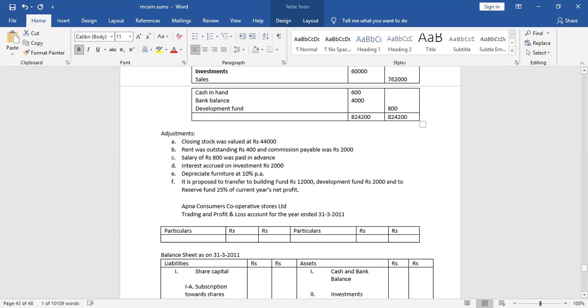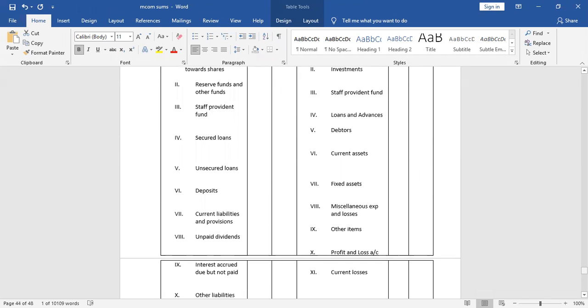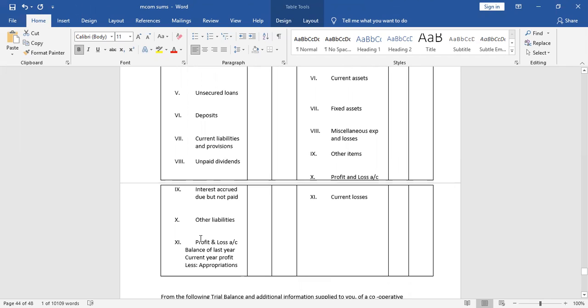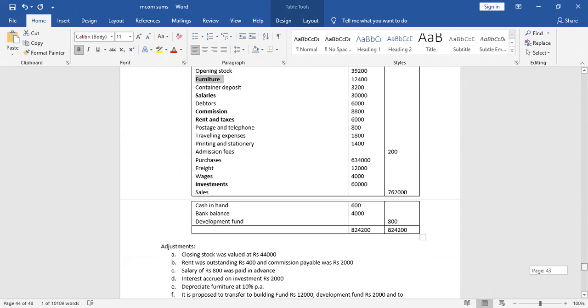Now let us prepare the trading P&L account and balance sheet. All the heads are the same, except in the end, instead of income and expenditure account, we will show profit and loss account. Here also, if it's a loss, we will show it as profit and loss account, not income and expenditure account.